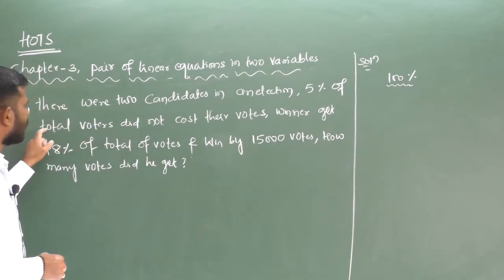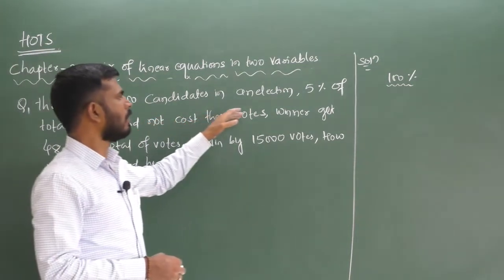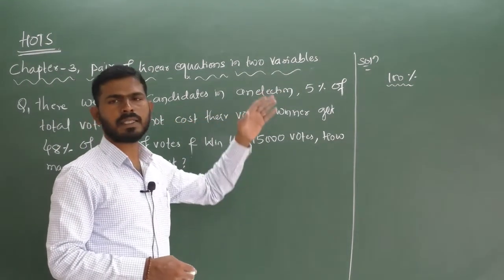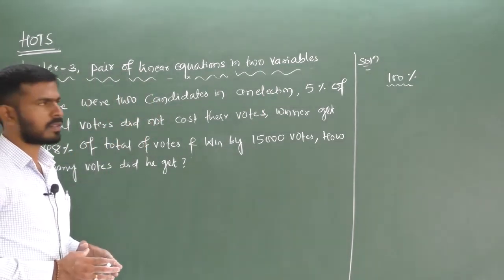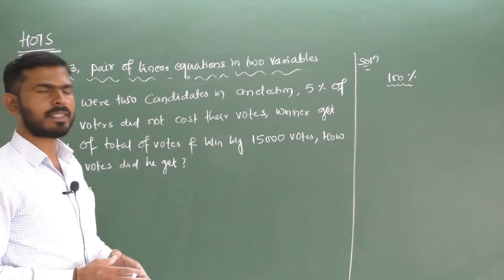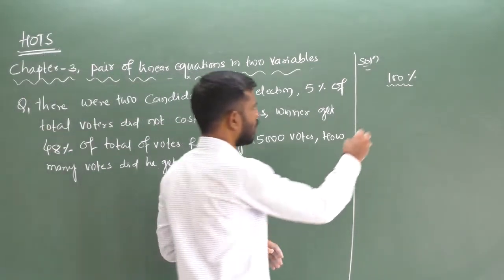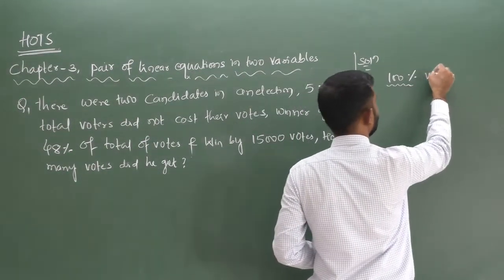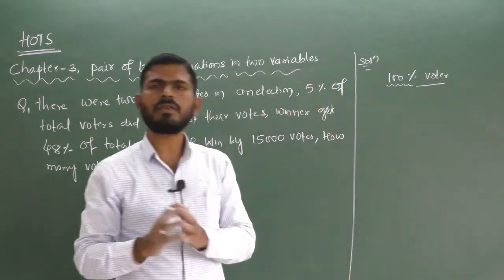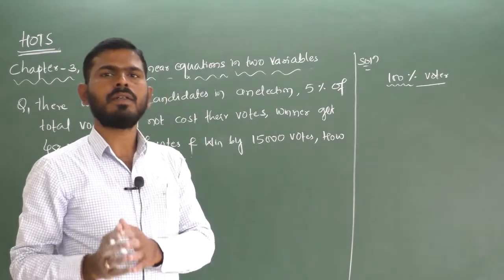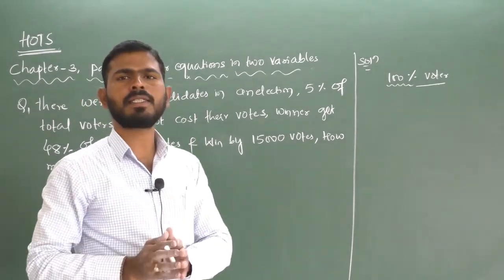But here it is given that 5% of total voters did not cast their votes. Suppose the total voters is 100.